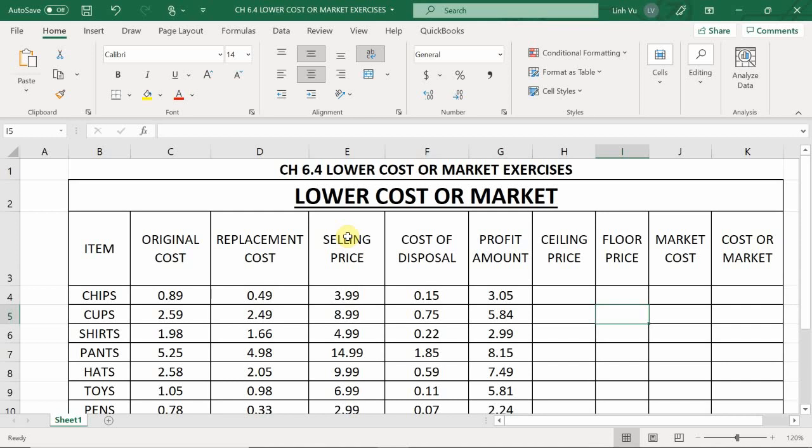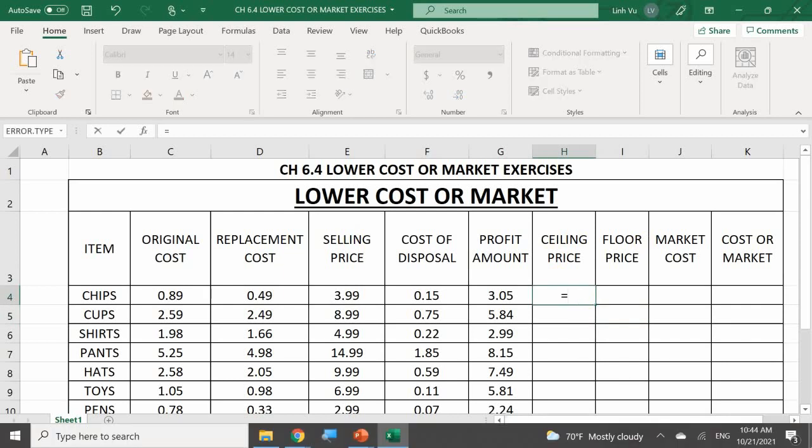So in this case, how do I solve my ceiling price? Selling minus cost of disposal. So $3.99 minus 15 cents is $3.84.